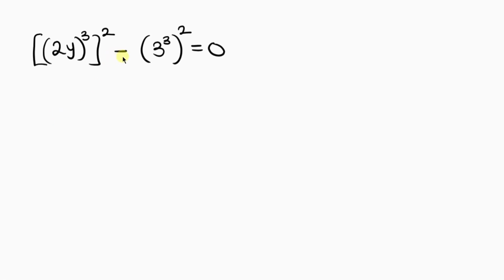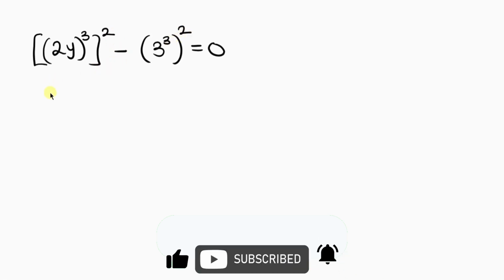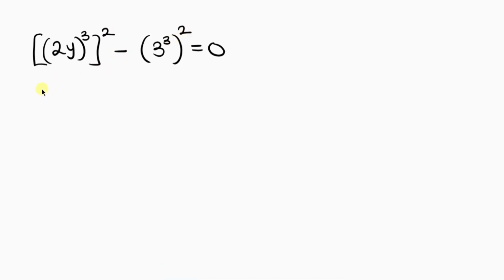So we have an expression in difference of two squares. An expression in difference of two squares has a property. For example, when I have a squared minus b squared, which is difference of two squares, this can be expressed as a minus b times a plus b.